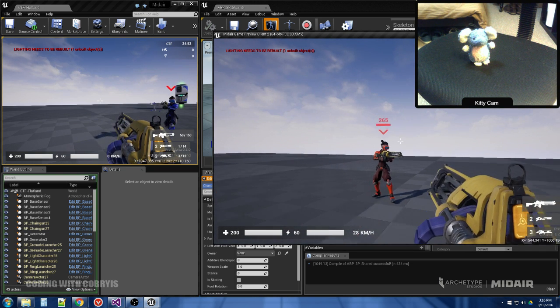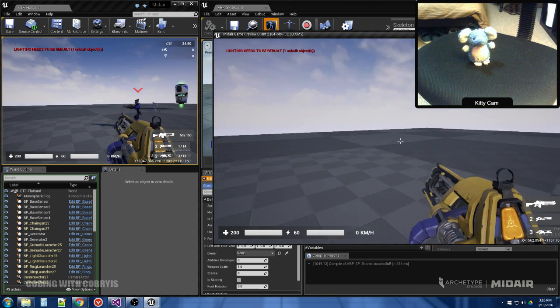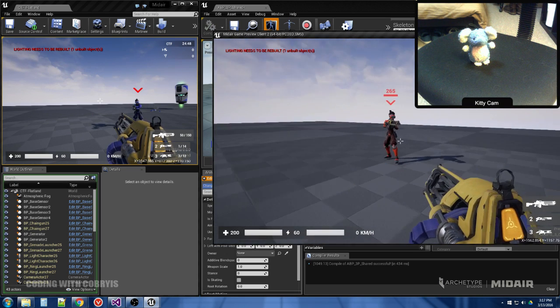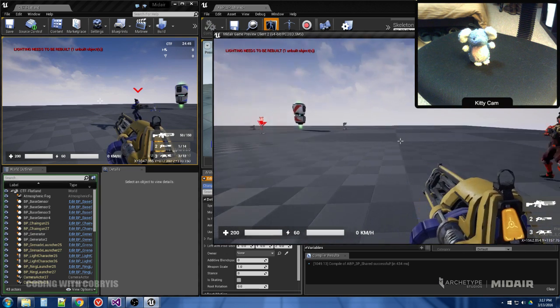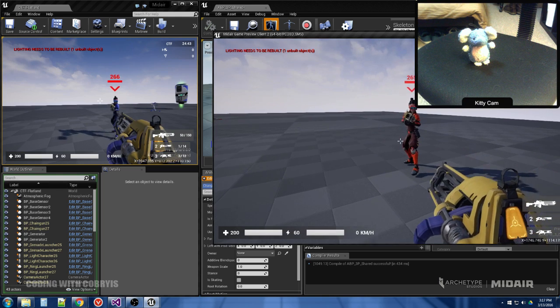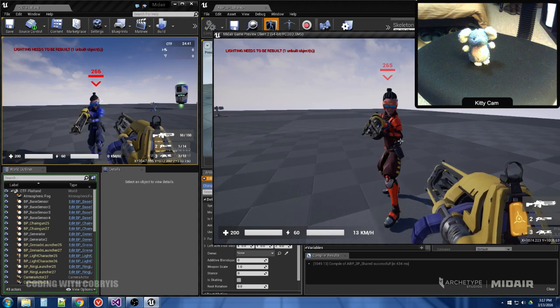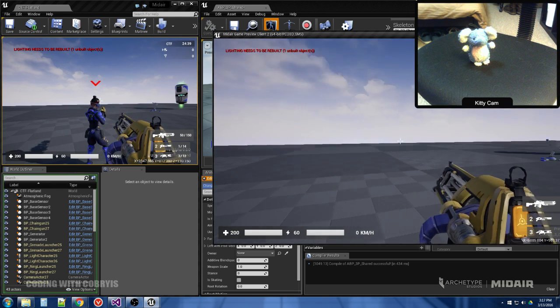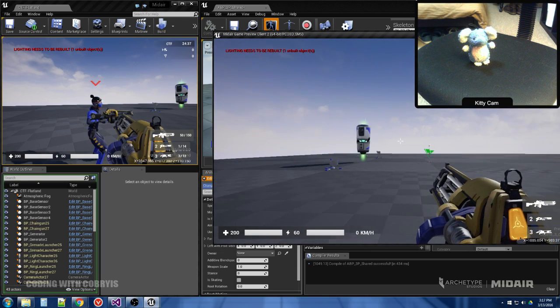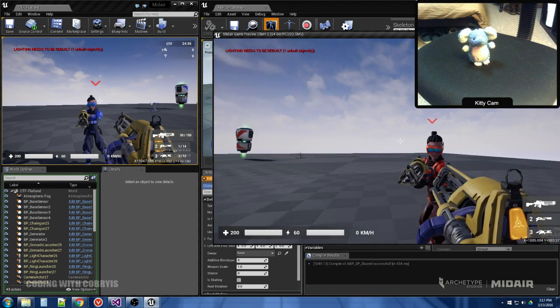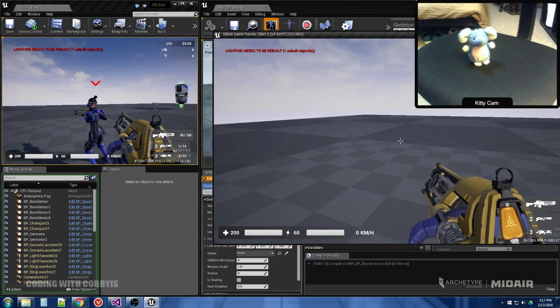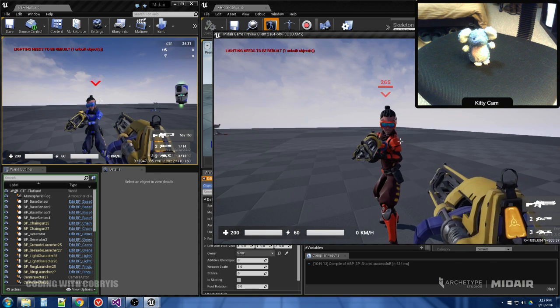So you can see there, with it on, now the character will turn around all the way. I'm talking about the top left window, by the way. The third person view. Like, this works, but we want to make it better than that.